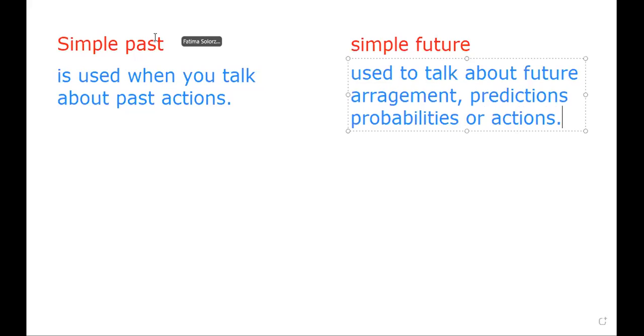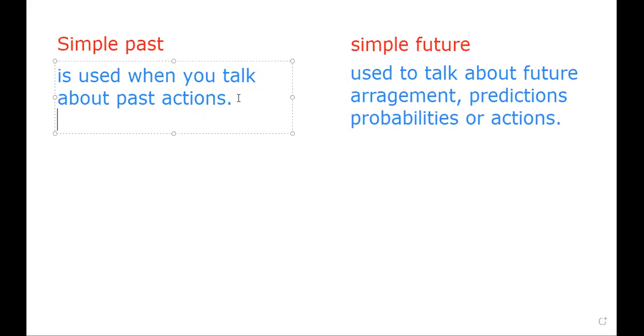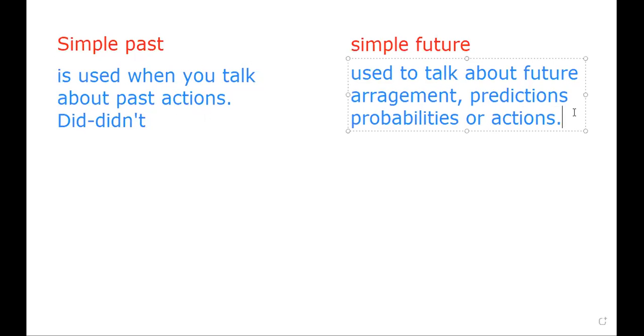Now, when we want to talk about simple past, remember that we use an auxiliary verb, and this auxiliary verb is did, or didn't in the negative. And also for future we have two options.